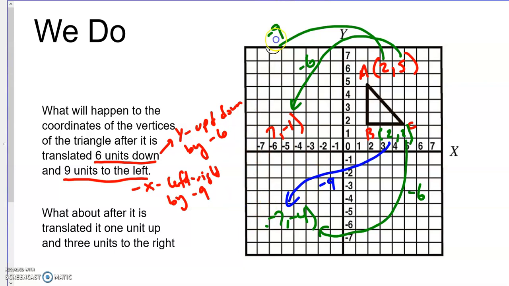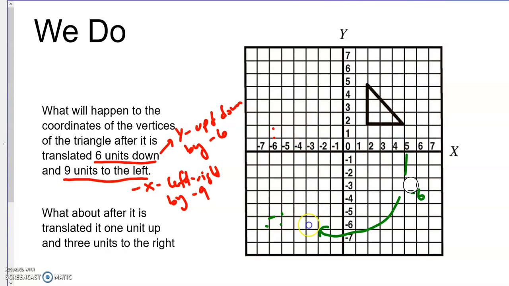Let's do the other. Maybe we'll just do point C in the other. I think no need to overdo this too much. C was originally at 5, 2. And if we do this one, 1 unit up, so remember that's the y coordinate. Up and down is the y coordinate. And if it goes up 1, that is a change on the y by +1. Up is positive. 3 units to the right.